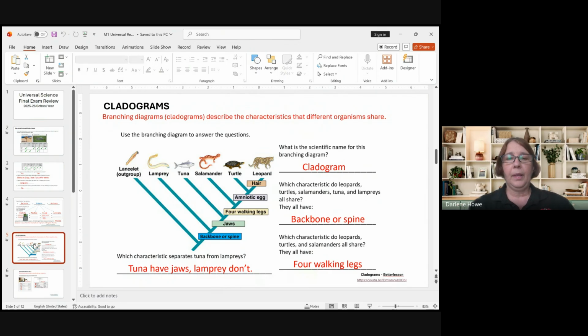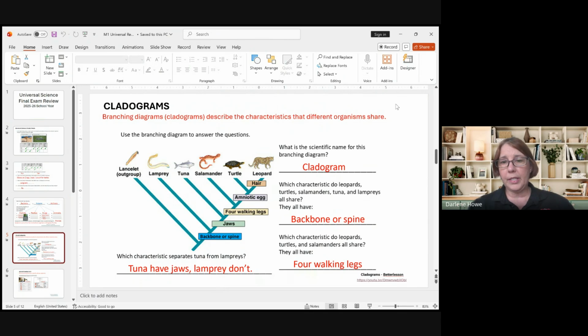Okay? Cladograms are not used to find unknown organisms. Cladograms are used to describe the characteristics that differentiate between the different organisms and that also show any type of similarities to different animals. So they show relatedness. So use the branching diagram to answer the questions.